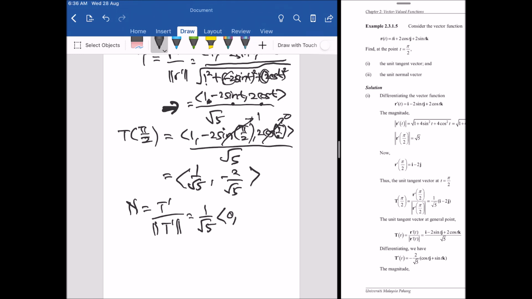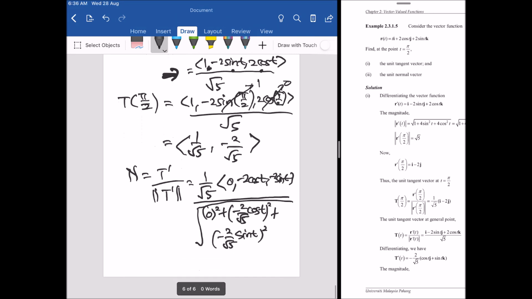We'll have 0, negative 2 cos t and negative 2 sin t, over the square root of 0 squared plus negative 2 cos t squared plus negative 2 over square root 5 sin t squared.